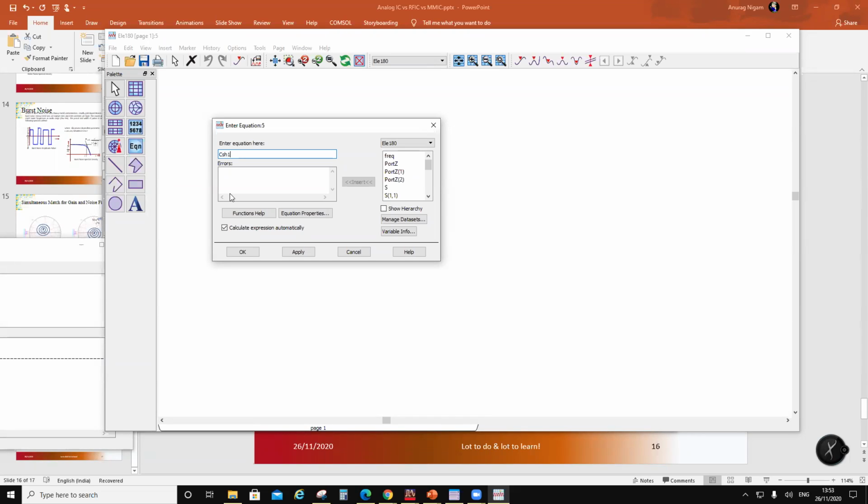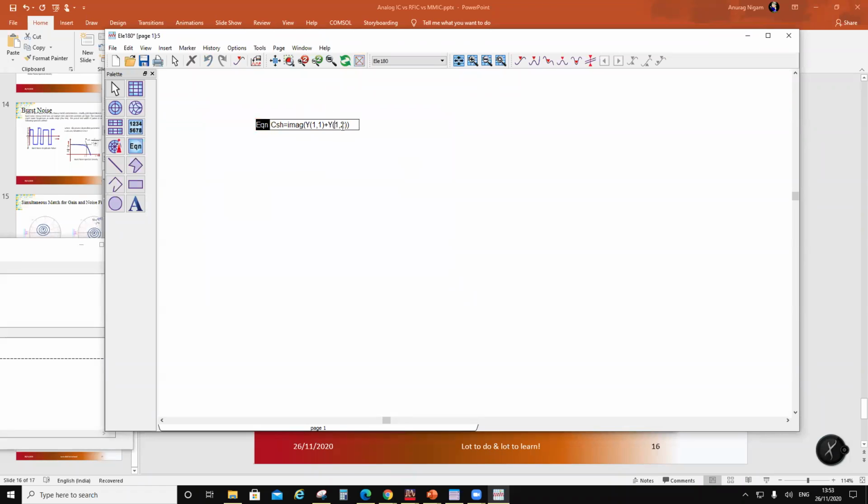So CSH, it will be symmetric, so it's only CSH. CSH is going to be the imaginary part of minus of y12 divided by 2 pi frequency, that is, 2 into pi into frequency. Sorry, it should be y11 plus y12, divided by 2 pi frequency.